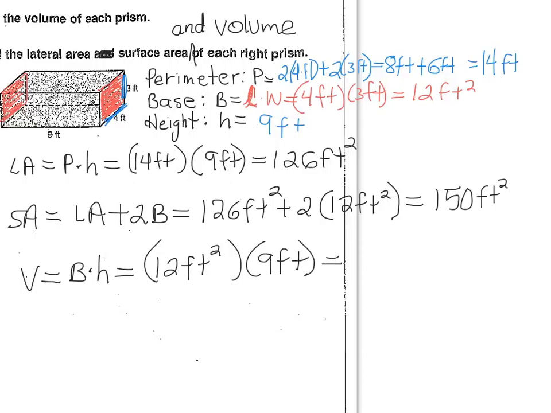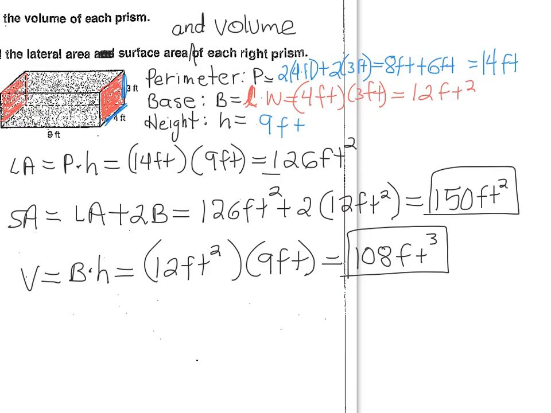How much is 12 times 9? 108. Square feet times feet is cubic feet. So there's the volume, the surface area, and the lateral area. Any questions about number 1? So far so good? Okay, now let's try number 2. Let me let you work on it, and then we'll check the answers.